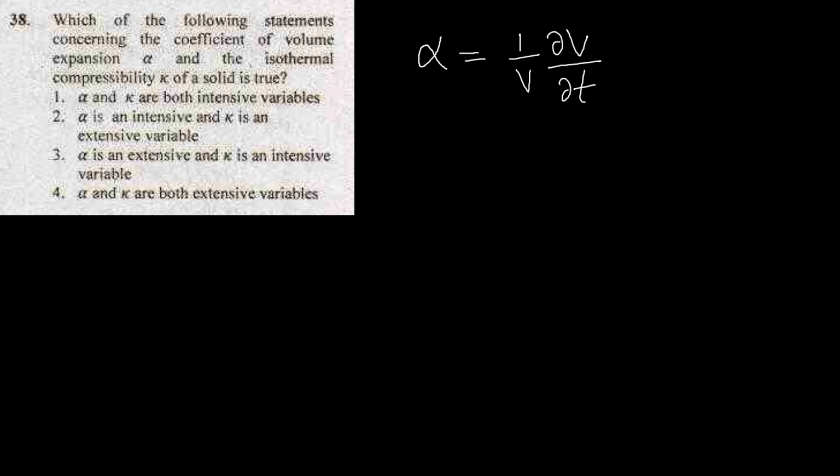And isothermal compressibility is represented by symbol K, and it is minus 1 upon V del V over del P at constant T. As the name suggests, isothermal means at constant temperature, and compressibility means change in volume on increasing pressure. So isothermal compressibility is the fractional change in volume on changing pressure. This is the definition of alpha and K, and alpha and K both are intensive variables.